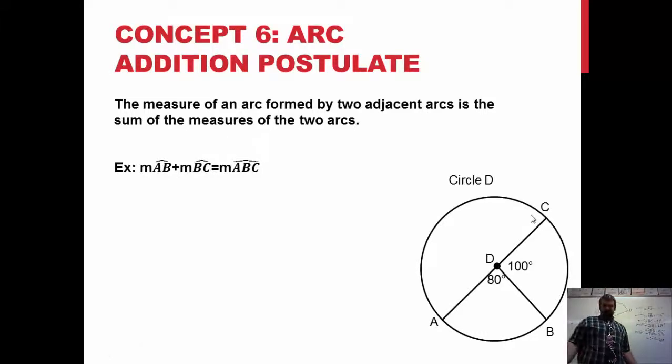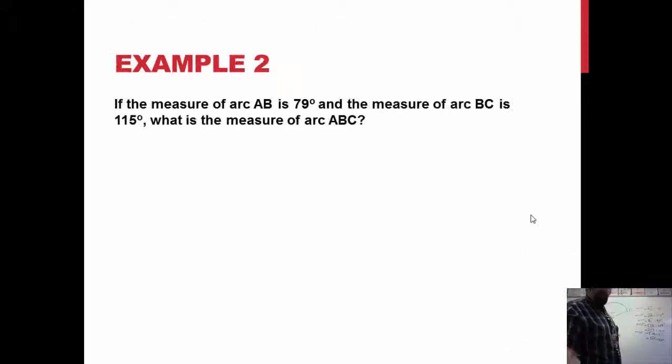It's not overly horrible. So here's the question. If I tell you that the measure of arc AB is 79 degrees, and the measure of arc BC is 115 degrees, what is the measure of arc ABC? Well, let's think about this.